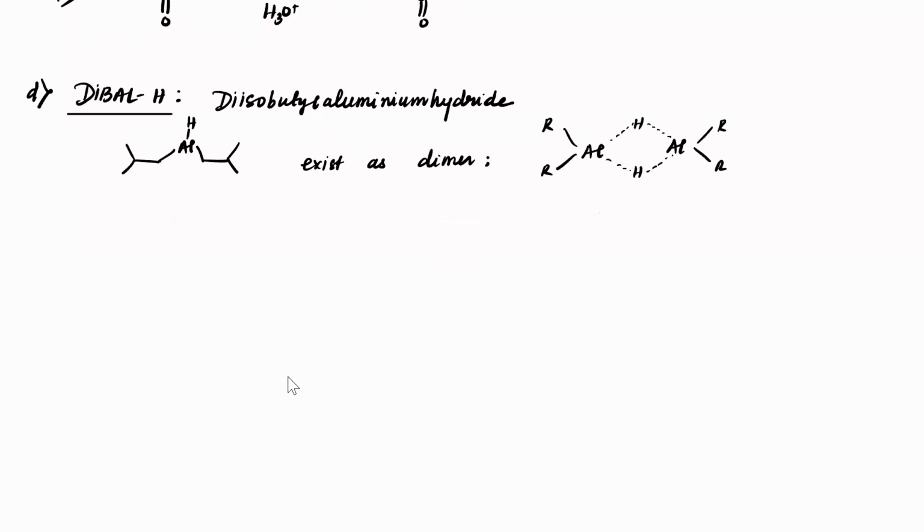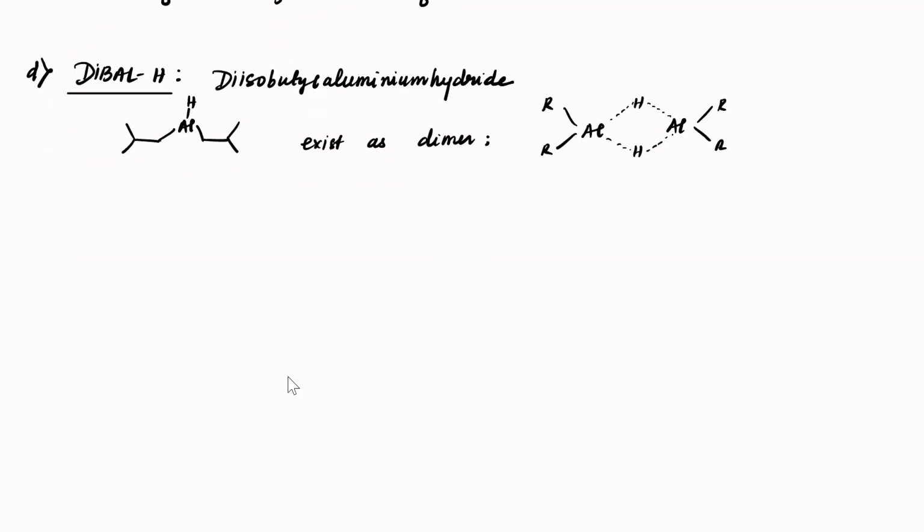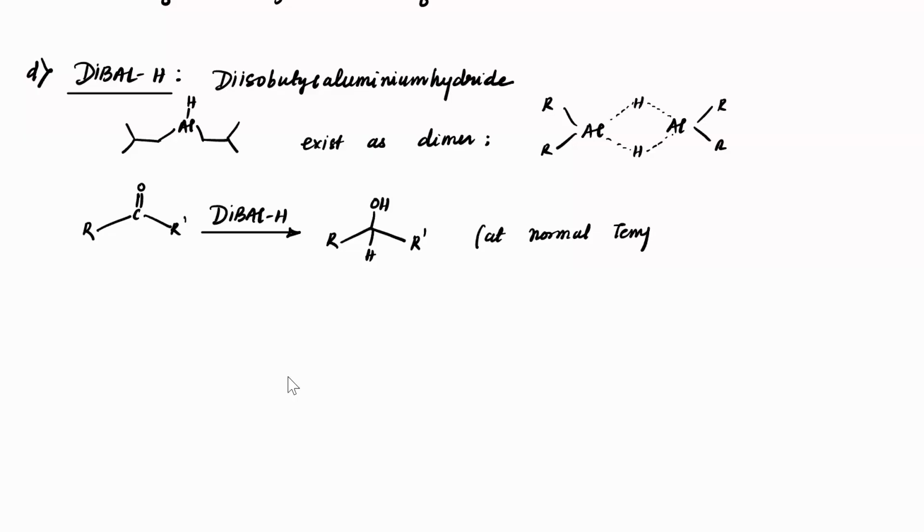This is how it exists. Got it? Reaction wise, you will notice that C double bond O with R and R dash, that means ketones or aldehydes, with DIBAL-H will be reduced to OH and H, R dash. Okay, but this is at normal temperature conditions.